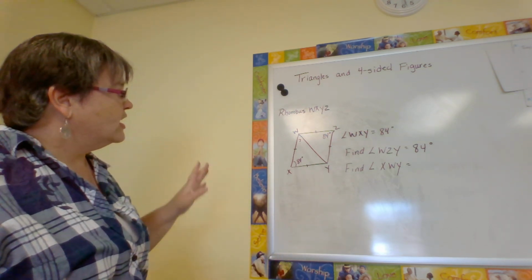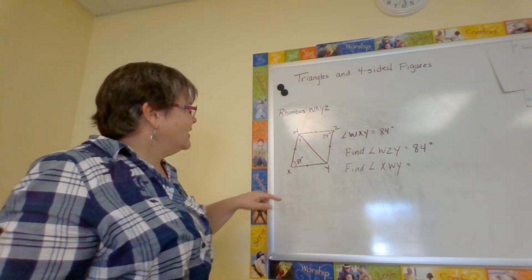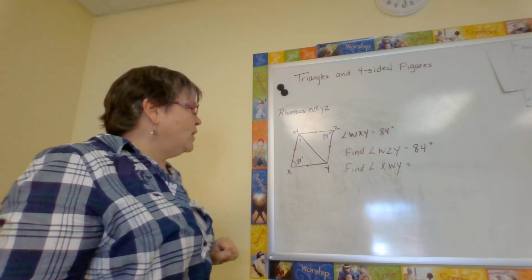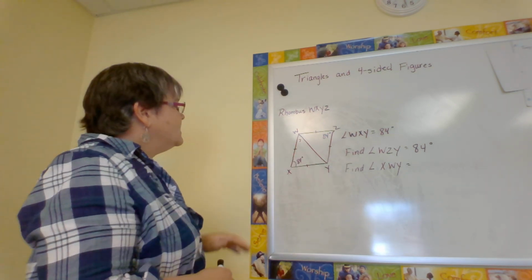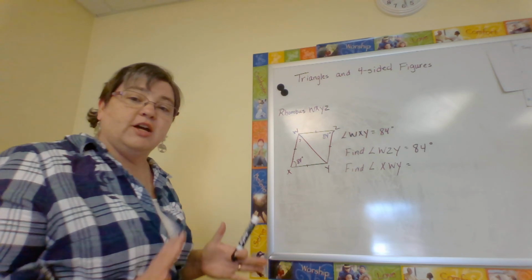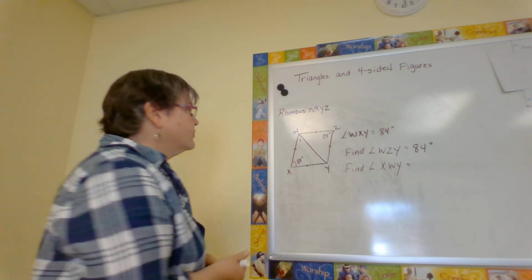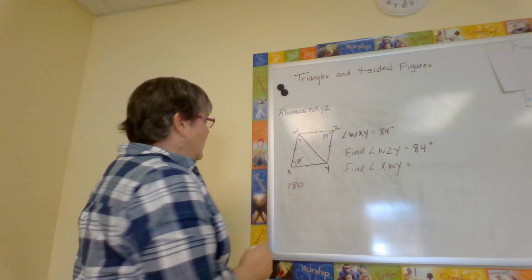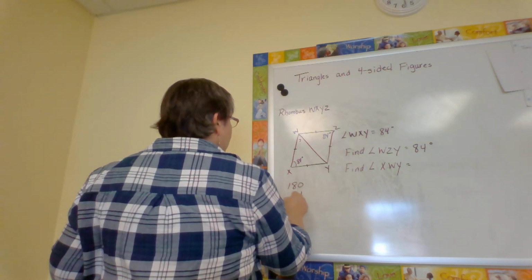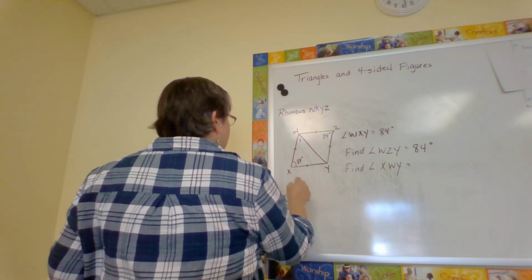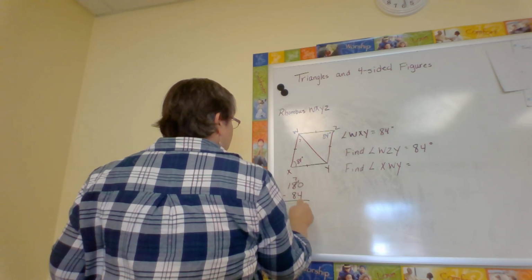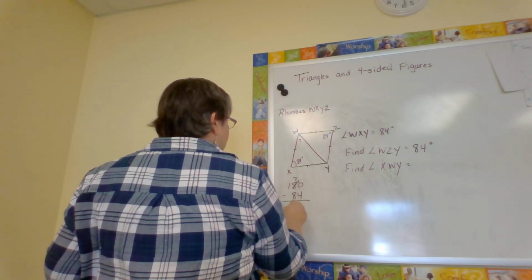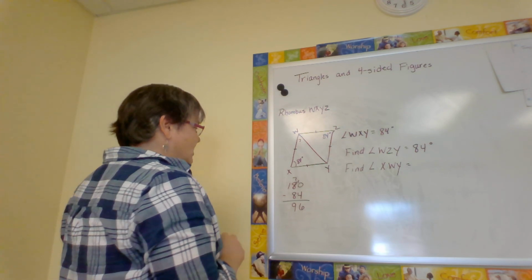Now, in order to find this, we have to, once again, say there are 180 degrees in a triangle. We must subtract the angle that we have. We get 96.